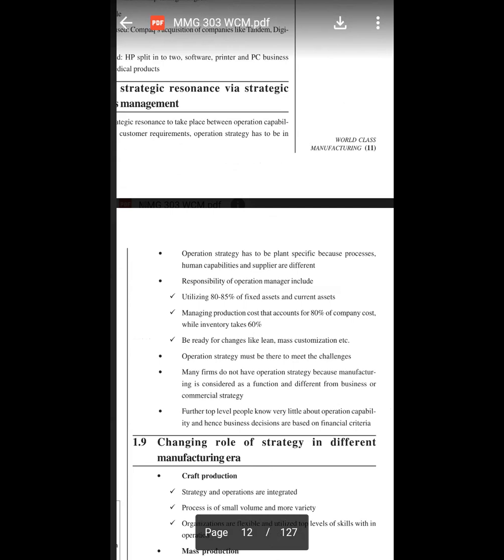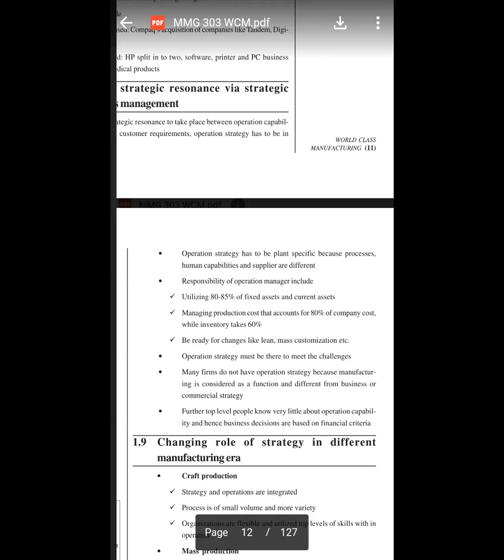Responsibilities of operation managers include utilizing 80-85% of fixed assets and current assets, managing production cost that accounts for 80% of company's cost, and inventories taking 60% of costs. So these are the responsibilities of operation management. I mean, how they can manage the work.